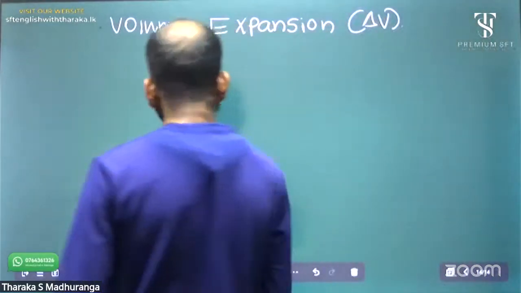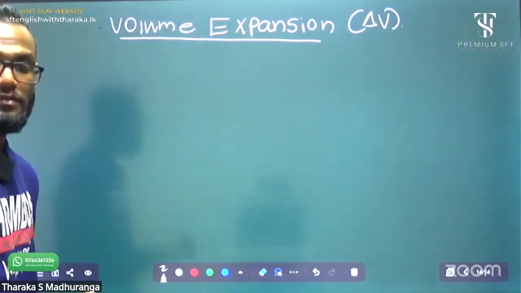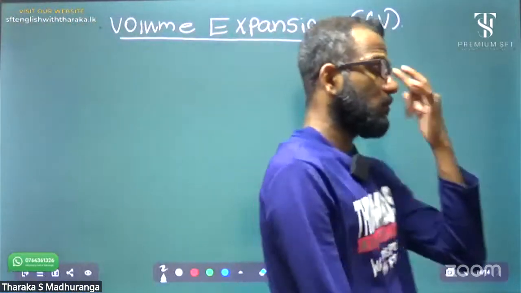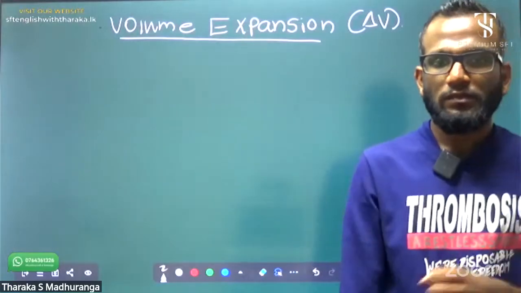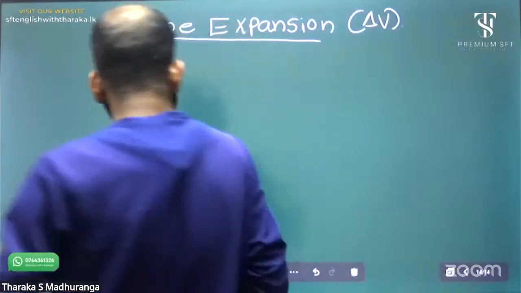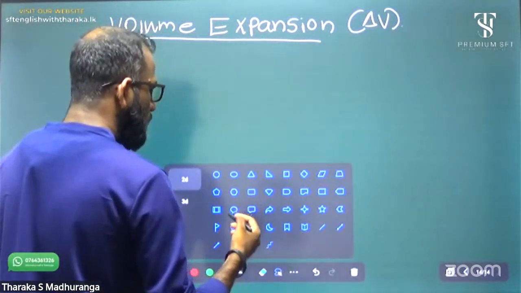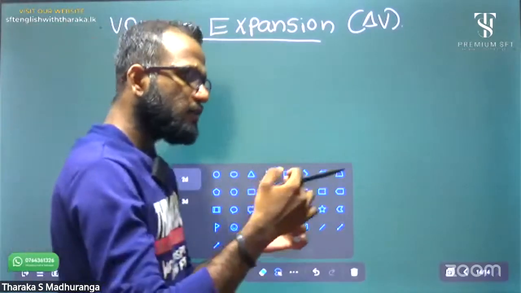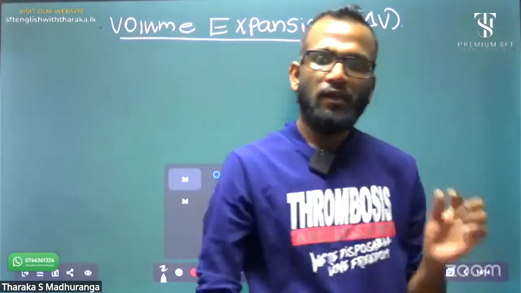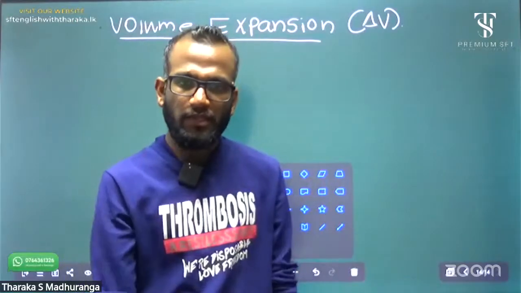Okay, volume expansion, delta V. What's the meaning of volume expansion? Think: in linear expansion, there is an increase in length. In area expansion, there is an increase in length and width, two dimensions.